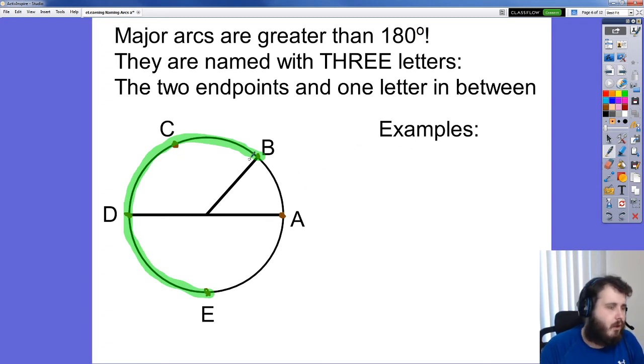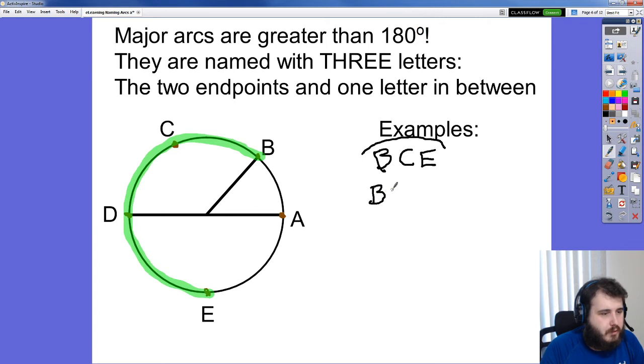And so we can call this major arc a number of different things. I'm going to just give a couple examples right here. For example, here we can call it B, C, E. And again, the two endpoints and then one point in the middle. I'm going to put a little arc symbol over it. We could call it B, D, E, right?